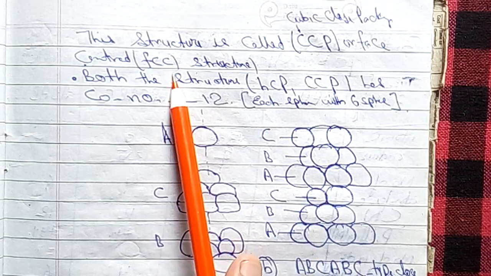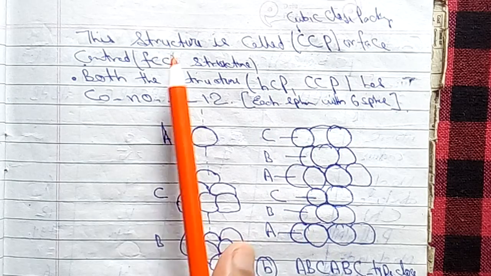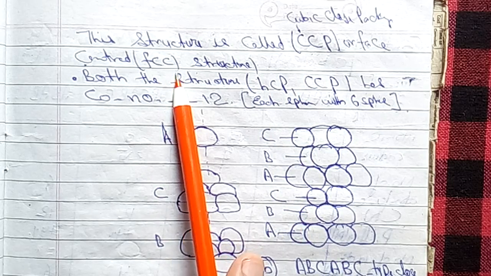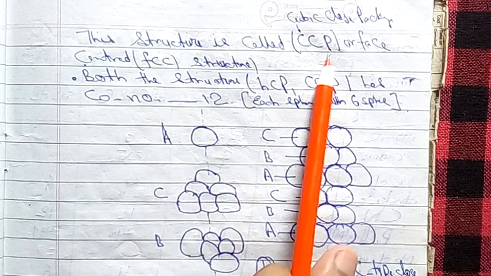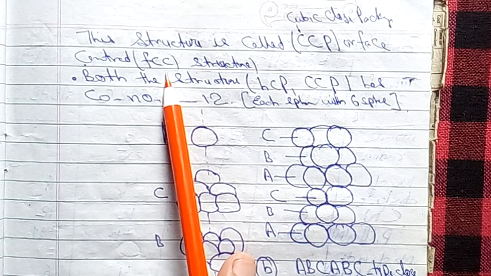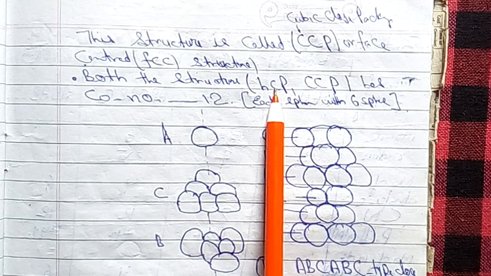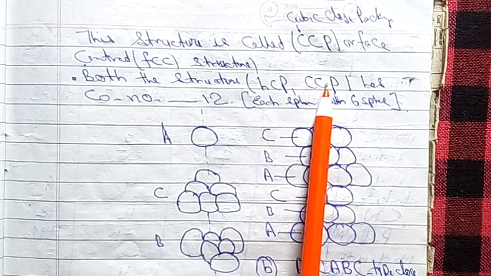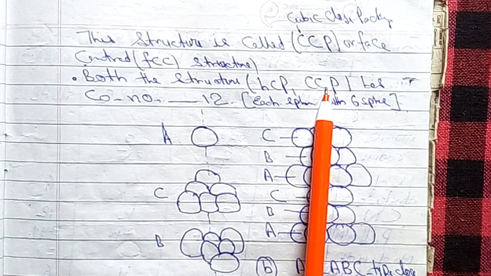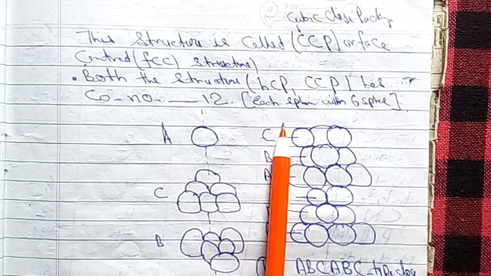CCP's other name is FCC also. Keep in mind that cubic close packed or face centered cubic crystal have the same names, CCP or FCC. HCP is obtained in case of tetrahedral void and CCP is obtained in case of octahedral void. Each has coordination number 12.